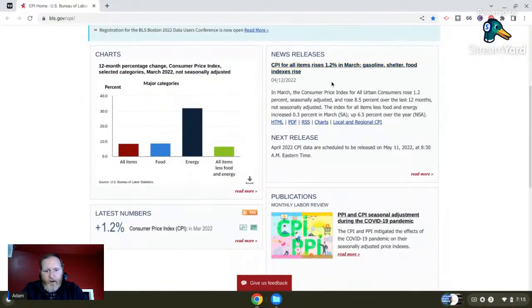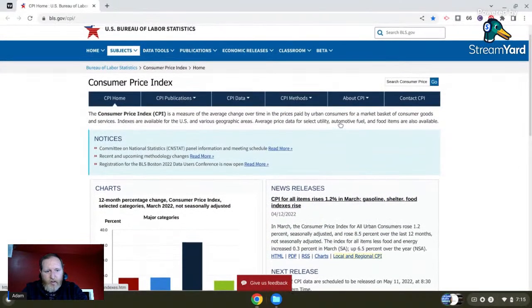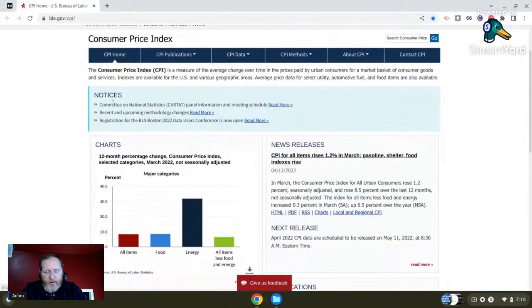This box right here, where it says, you get down underneath the header here, news releases. This is where you watch for all updates on CPI.